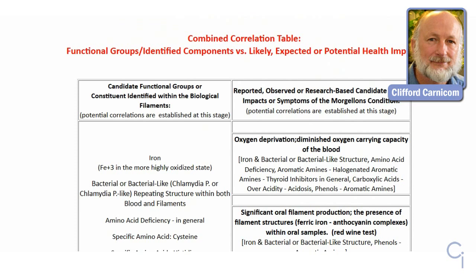The title of it is Combined Correlation Table, Functional Groups / Identified Components versus Likely Expected or Potential Health Impacts. So here you expect all of the functional groups to be listed on one side, and this is what's happening on the left side. All of those are listed.